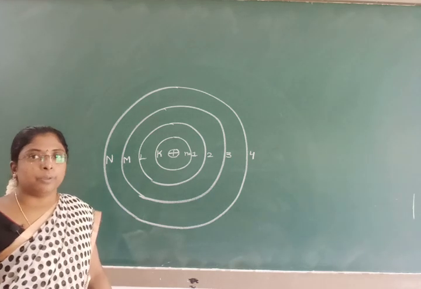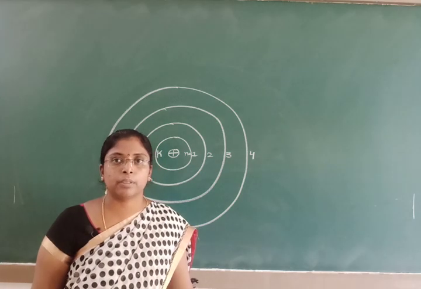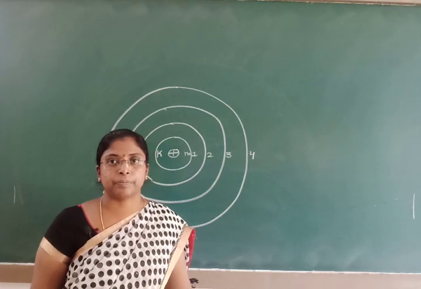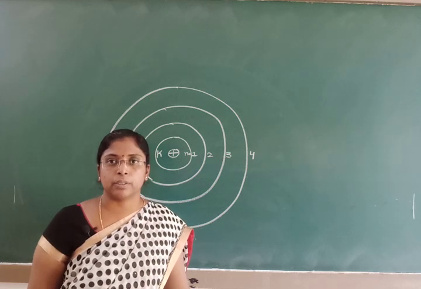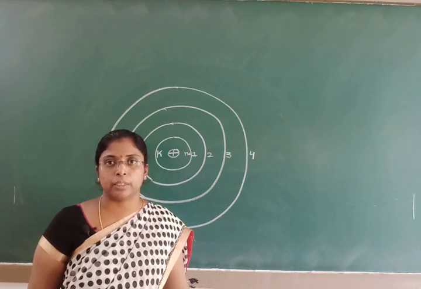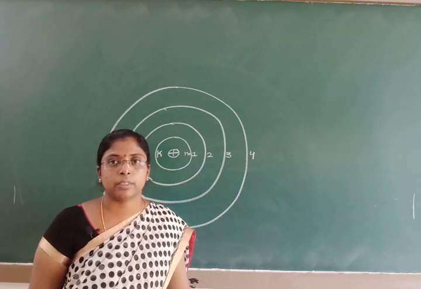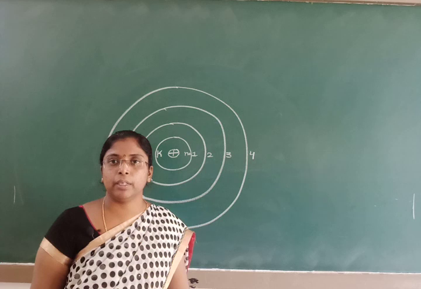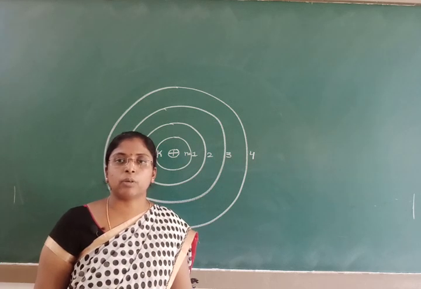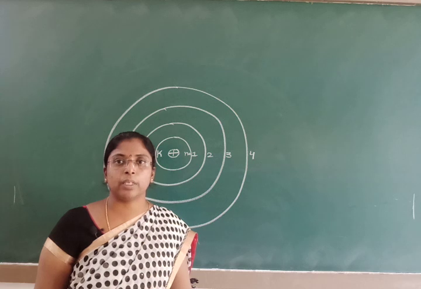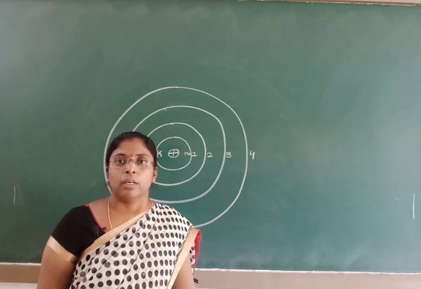If I take one chair, an adult person, a single person, can sit on it. The capacity of that chair is a single person. Similarly, each shell has a specific accommodation, a maximum number of electrons it can hold.